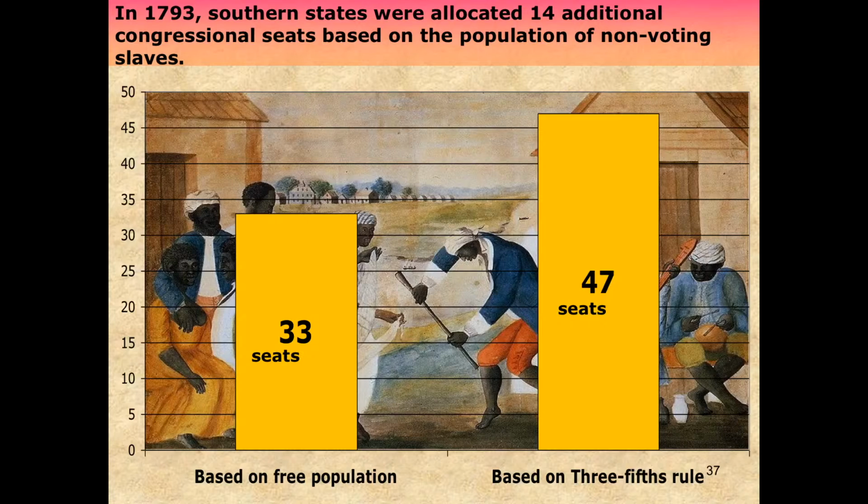So, in essence, southern states are going to benefit from this weird rule. Why don't you just count slaves as whole people? Come on now, they're people, and probably should get rid of slavery during this, but they don't. They don't touch it because again, we don't want to alienate the southern states, so that's why the slavery issue is kind of off the table.